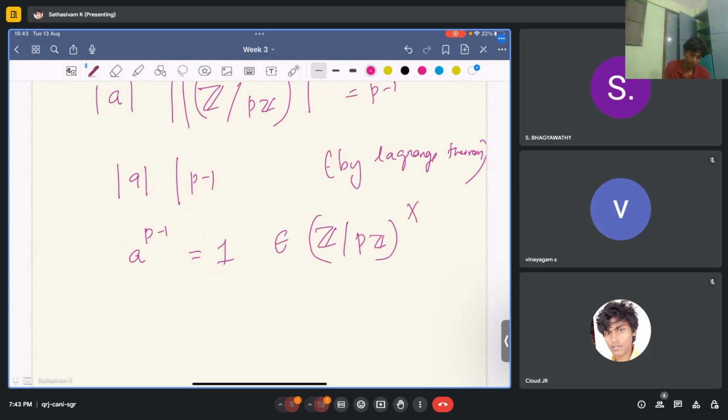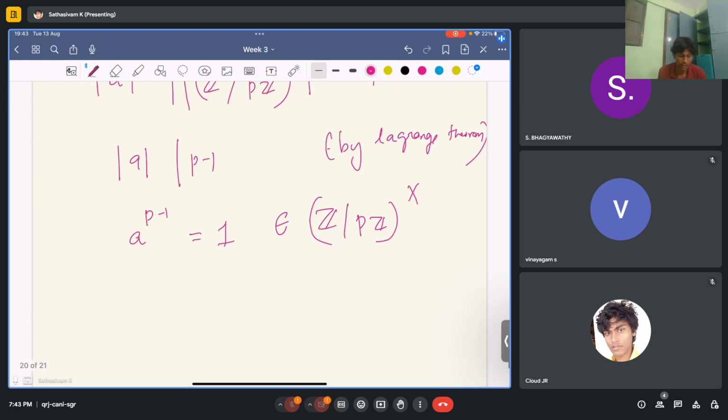Okay, so what does this tell you? When two elements in Z/pZ are the same, it tells you a^(p-1) belongs to 1 + pZ.